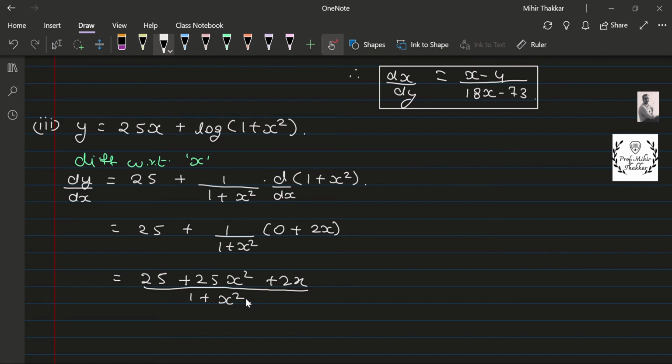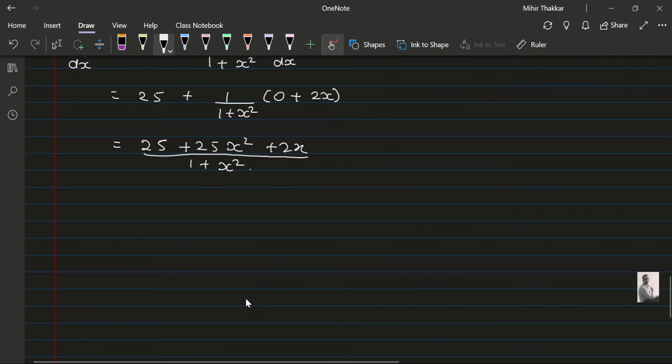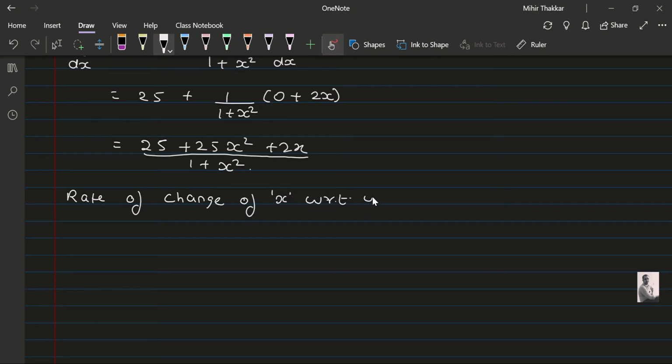So 25 plus 25x square plus 2x, and whole upon 1 plus x square. As we all know, we are interested in the value of rate of change of x with respect to y. It is given by dx by dy, which is the reciprocal of dy by dx.